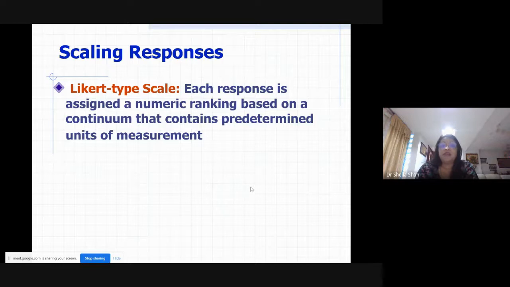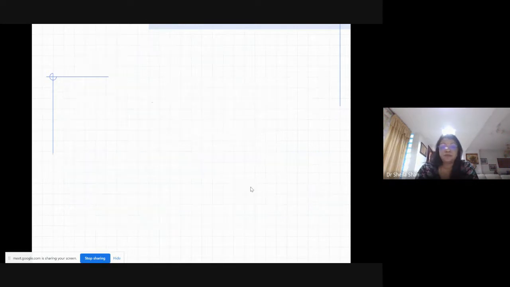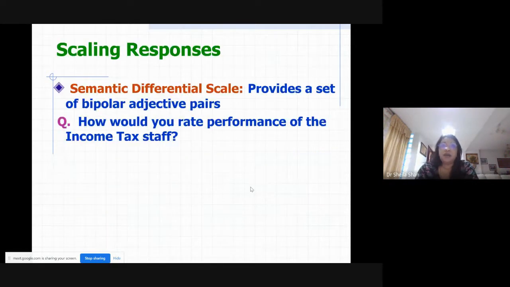You have a ranking that contains a predetermined unit of measurement: 1, 2, 3, 4, 5. Totally agree will be 5, totally disagree will be 1. So you have a scale, in their opinion, either frequently or not frequently. Do you skip class? That kind of question.